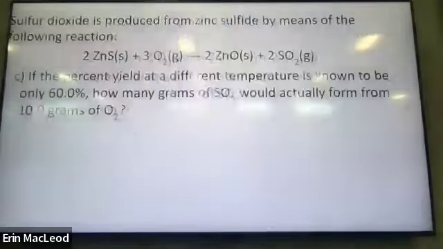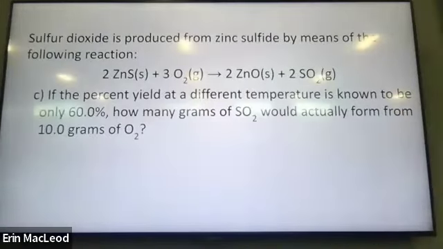So when we read this last part, same equation. It says, if the percent yield at a different temperature is known to be only 60%, okay, so we know the percent yield this time, how many grams of SO2 would actually form from 10 grams of O2.